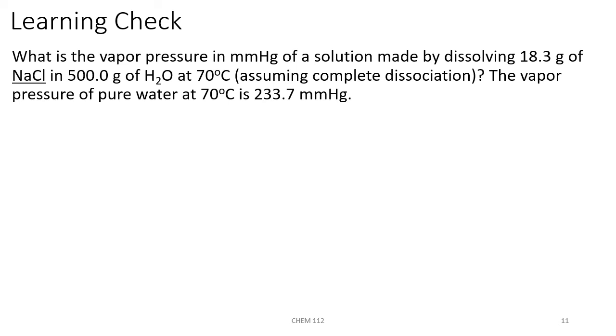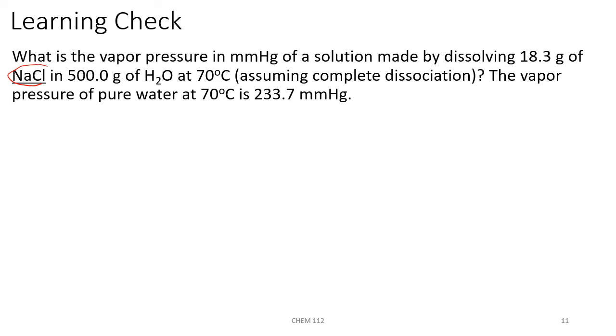What is the vapor pressure in millimeters of mercury of a solution made by dissolving 18.3 grams of sodium chloride in 500 grams of water at 70 degrees Celsius, assuming complete dissociation? The vapor pressure of pure water at 70 degrees Celsius is 233.7 millimeters of mercury. So notice when you're reading these problems and they're all mixed up that you've got to be really careful.